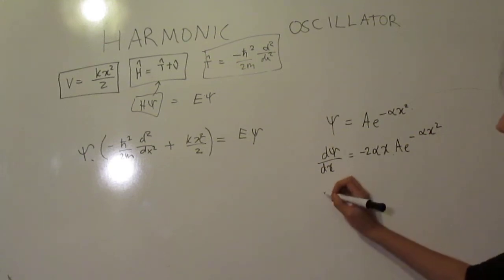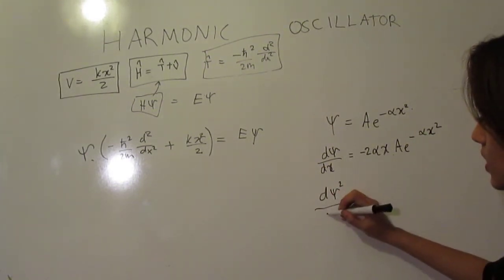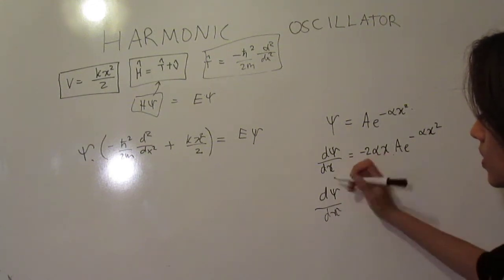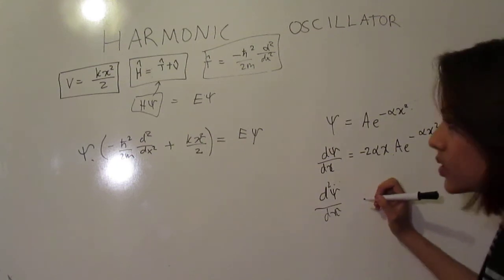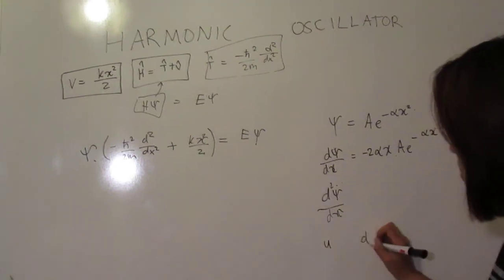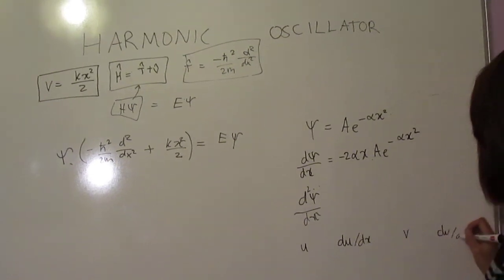And then we have to find the second derivative, d squared psi by dx squared. To find that, we need to use the product rule: u, du by dx, v, dv by dx.